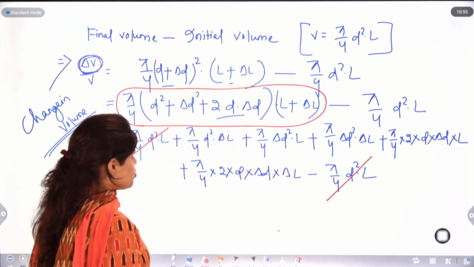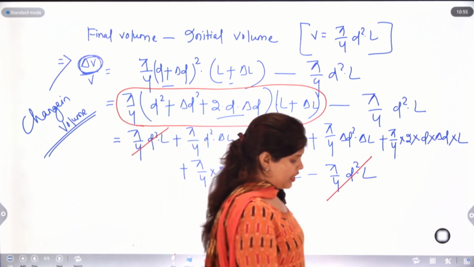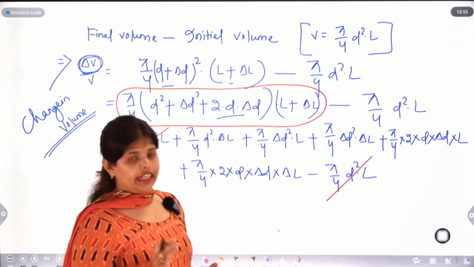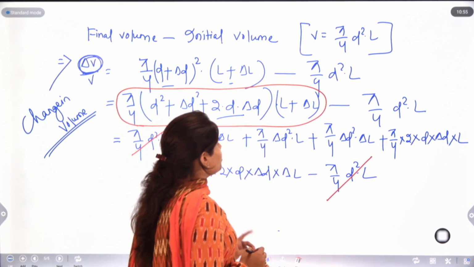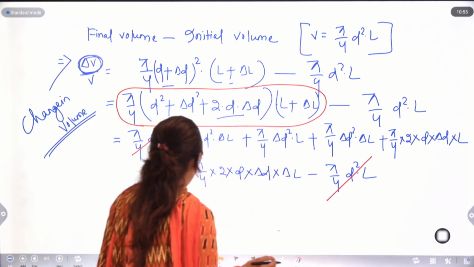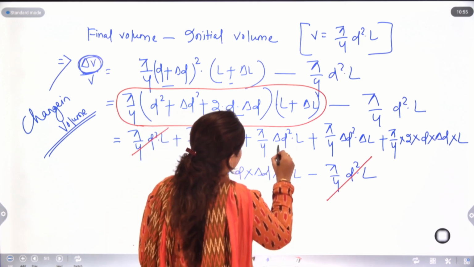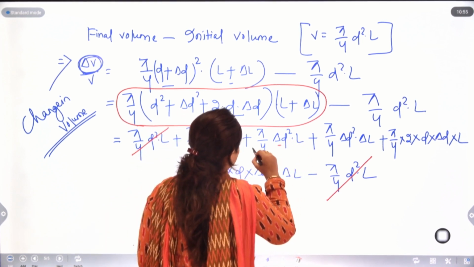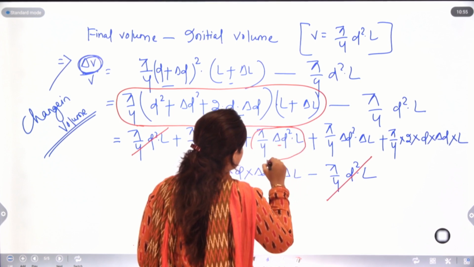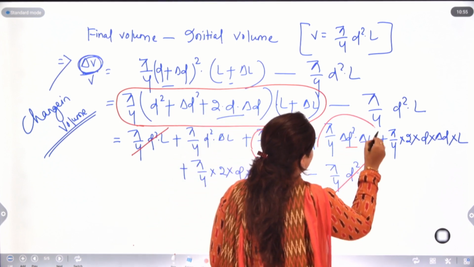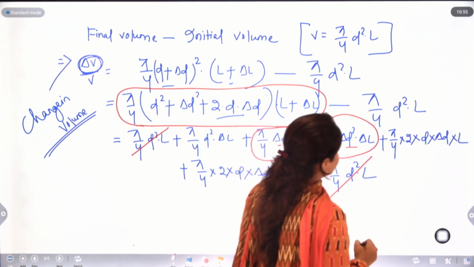As we already know, del D and del L are very small, very minute. So we will neglect the terms where del D is present, so here del D square into L, we will neglect this term. Here we will neglect this term.